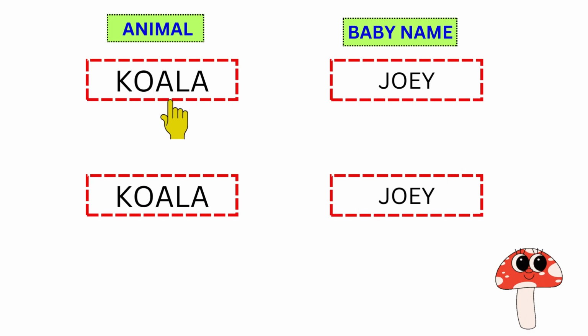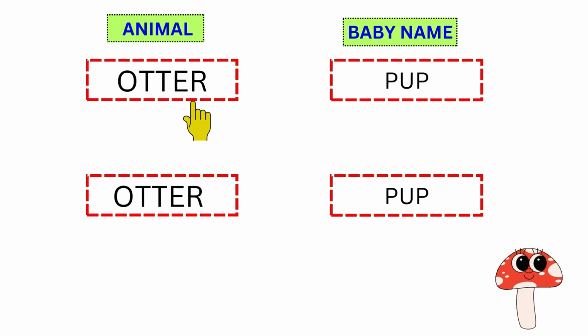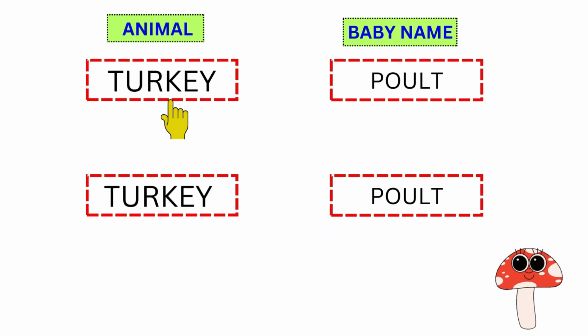Koala, joey, koala, joey. Moose, calf, moose, calf. Otter, pup, otter, pup. Turkey, poult, turkey, poult.